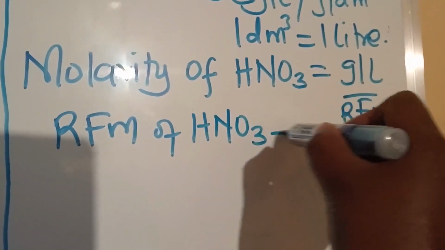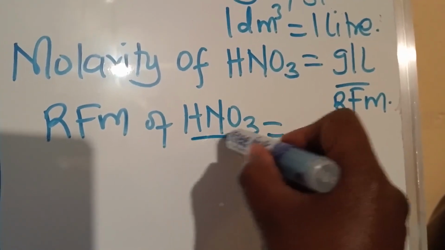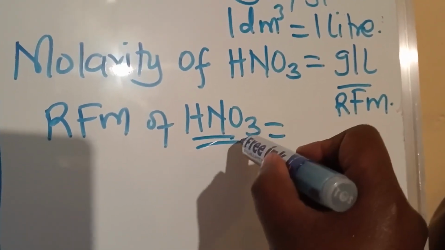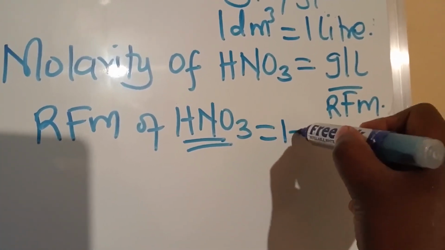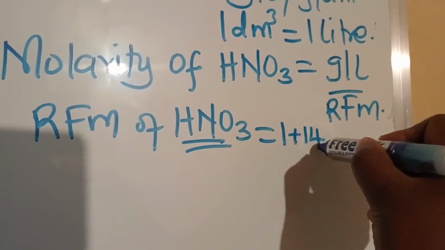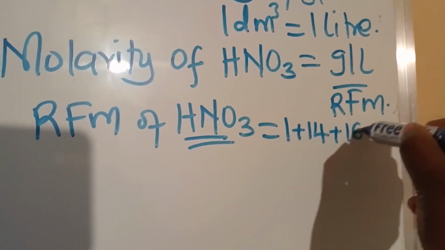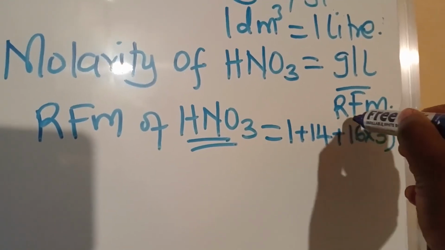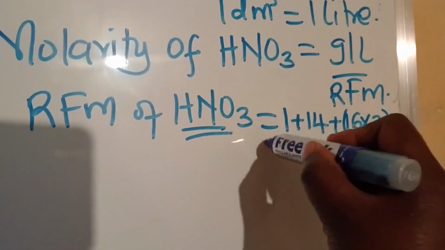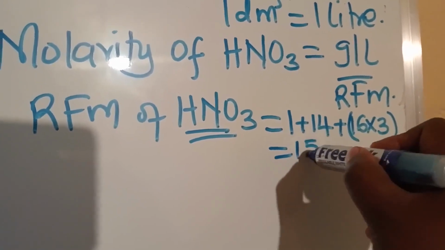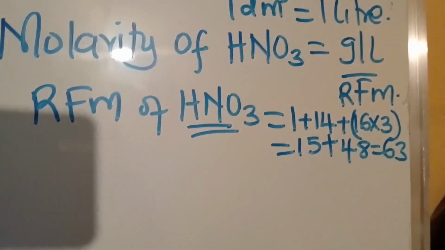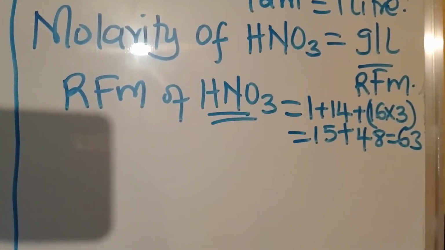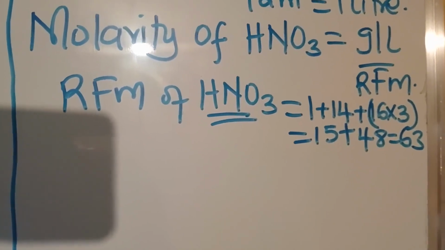Yes, we can. How? By adding the RAM of these elements. The RAM of hydrogen is 1, the RAM of nitrogen is 14, and the RAM of oxygen is 16, and there are 3 of them. So this goes to 15 plus 48. This is 63.